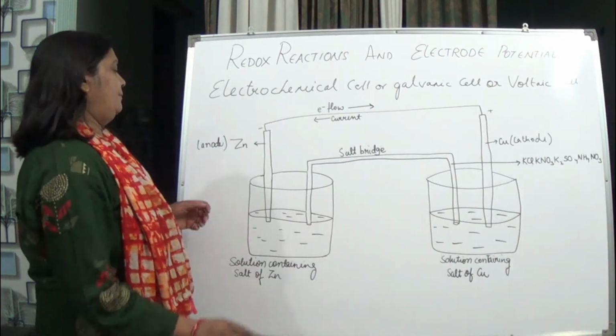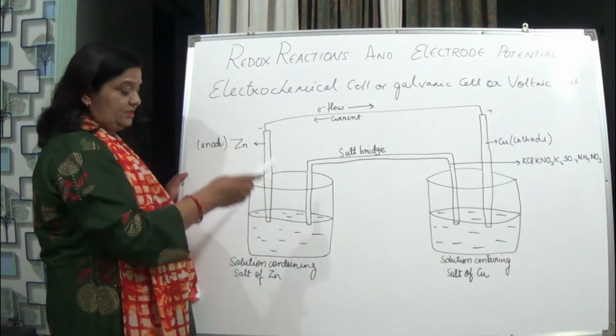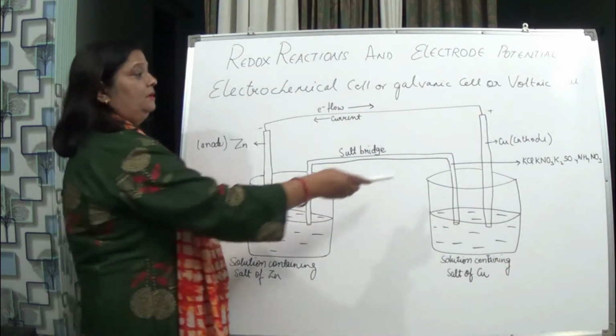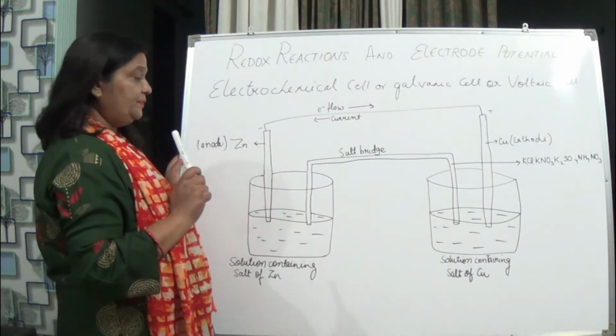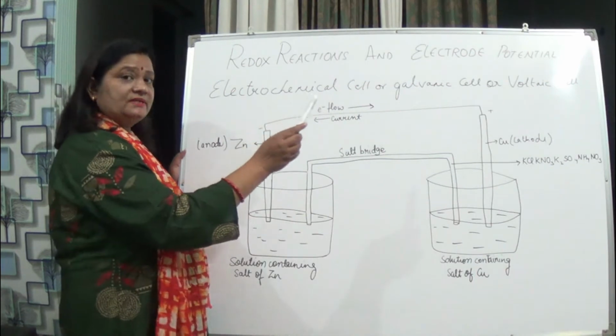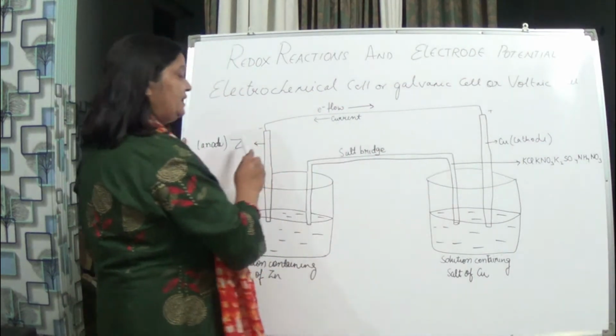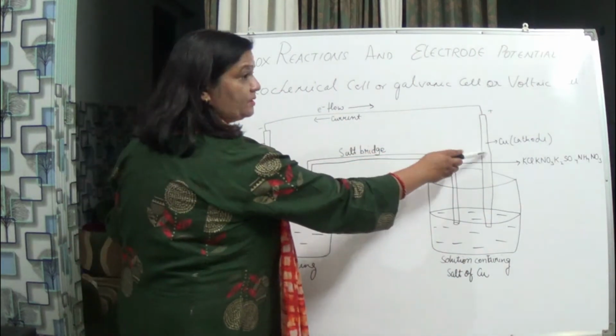Now two electrodes: one made of zinc, dipped in the zinc salt solution, and copper dipped in the copper salt solution. Here zinc is acting as anode, copper is acting as cathode. So zinc is negatively charged, and copper is positively charged.